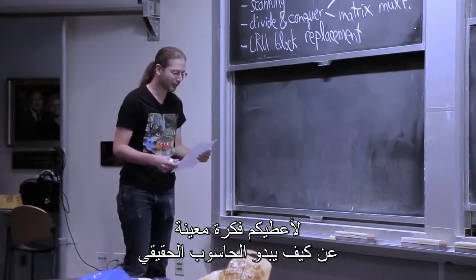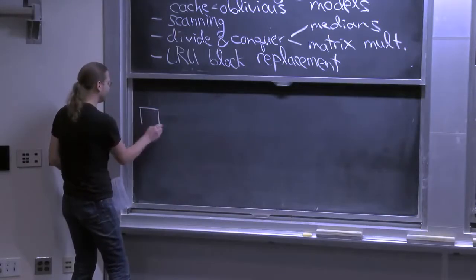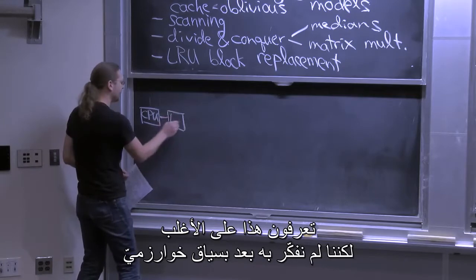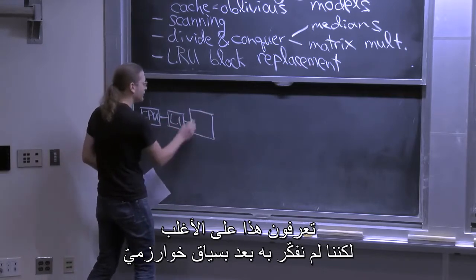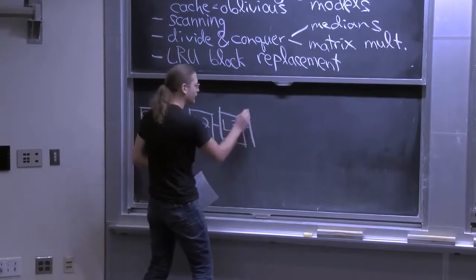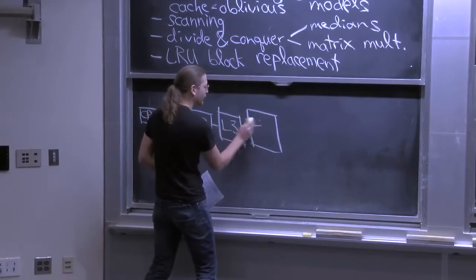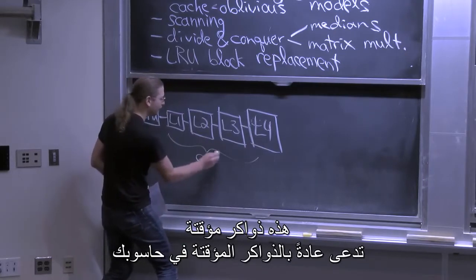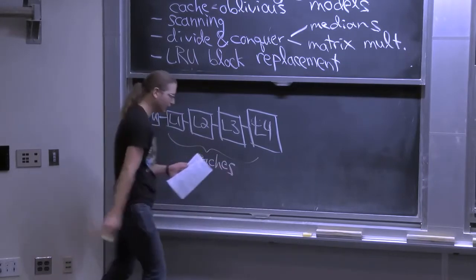Let me give you some idea of what a real computer looks like. You probably know this, but we've not yet thought about it in an algorithmic context. These are caches, what are typically called caches in your computer.